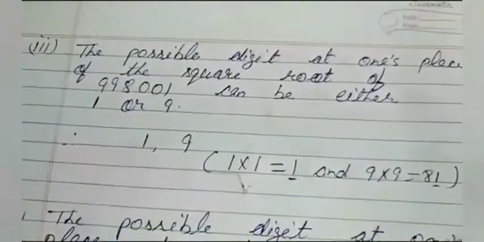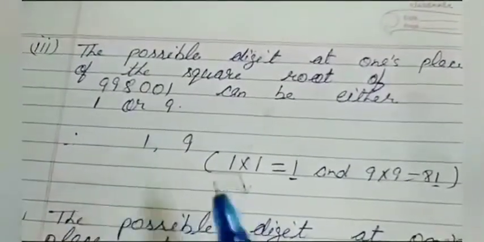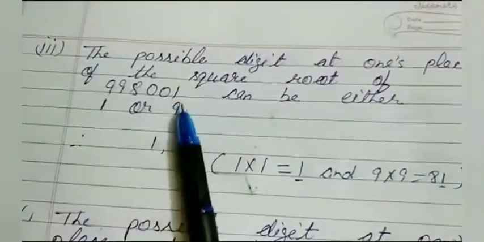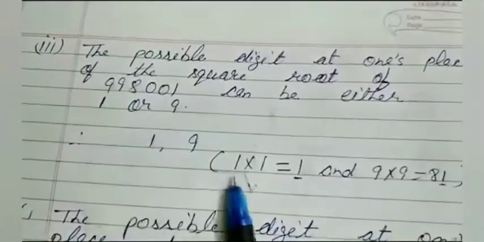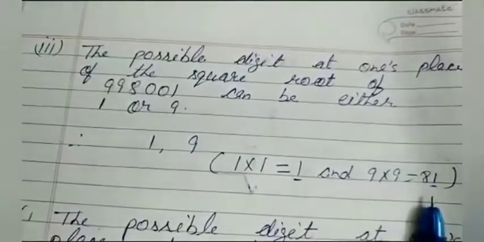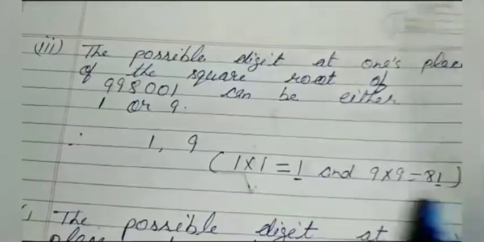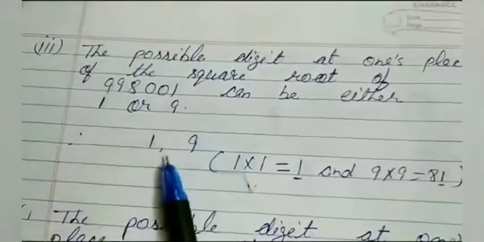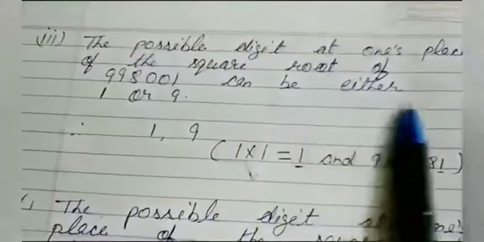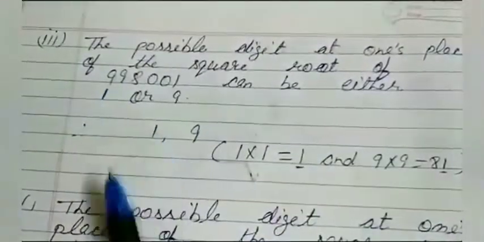Same way we solve the next part, third. Look here, there is 1 in its unit place. So the square of 1 is 1 and the square of 9 is 81. So we can say 1 will be in the unit place of the square root of this number.